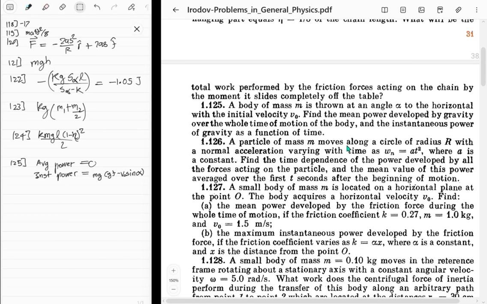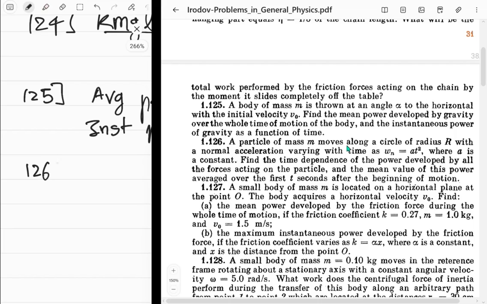196. A particle of mass m moves along a circle of radius capital R with a normal acceleration varying with time as this thing, where a is a constant. Find the time dependence of the power developed by all the forces acting on the particle.